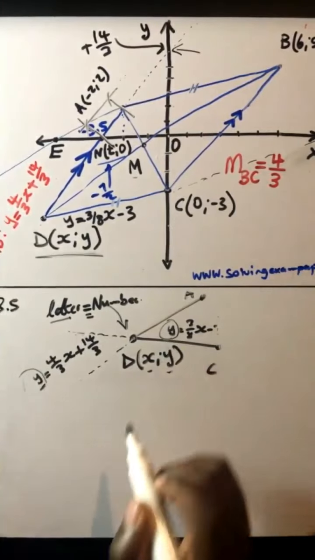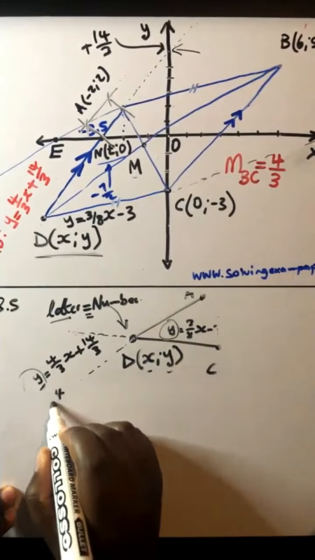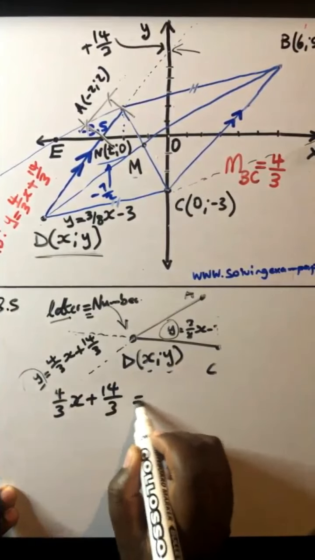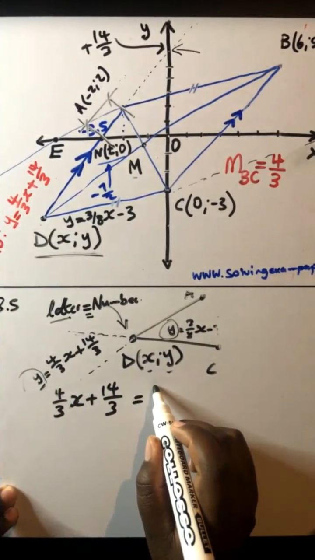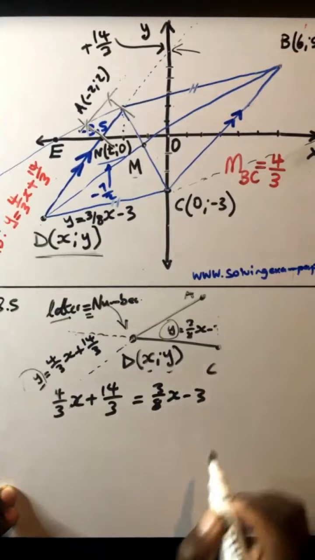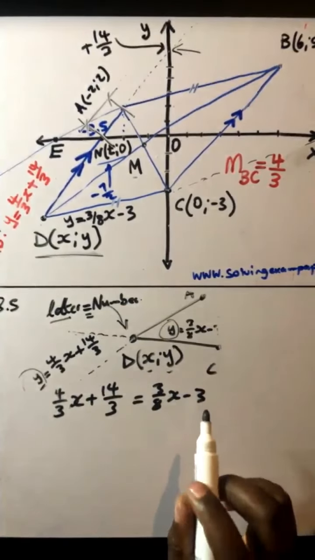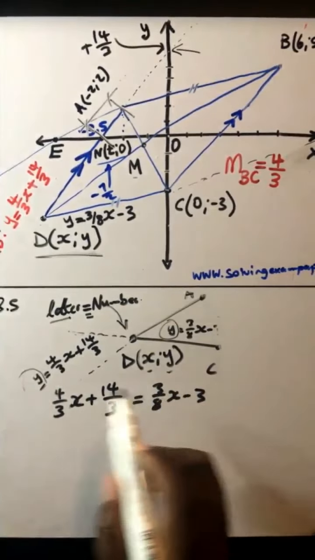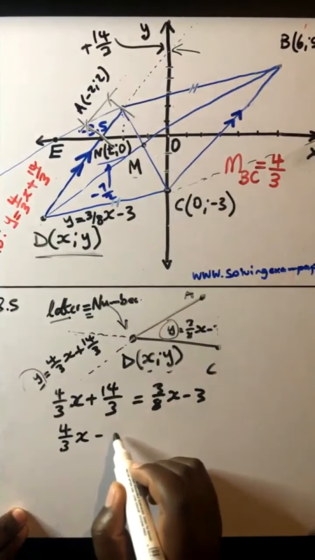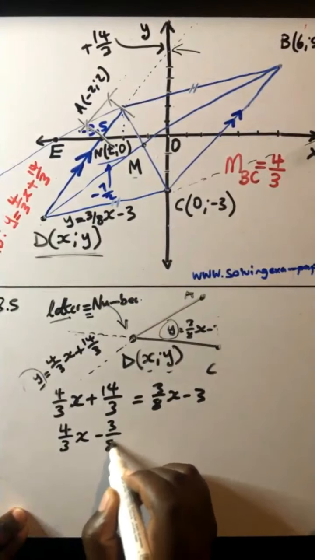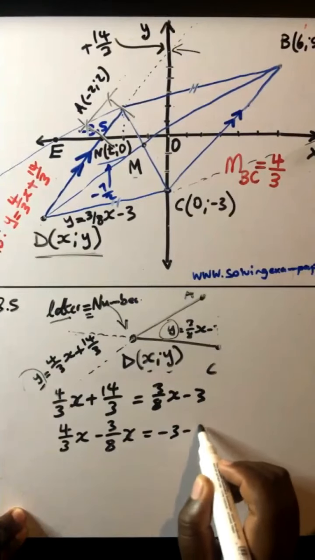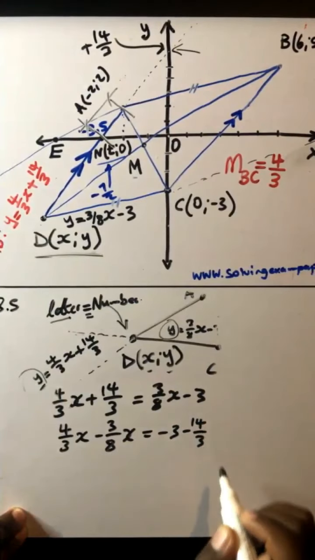This is where the y values are the same, so you're going to equate these two equations: 4 over 3x plus 14 over 3 equals 3 over 8x minus 3. I hope you understood that part; we want the x values on one side. So we're going to have 4 over 3x, and it changes sign, minus 3 over 8x, equals negative 3, negative 14 over 3.